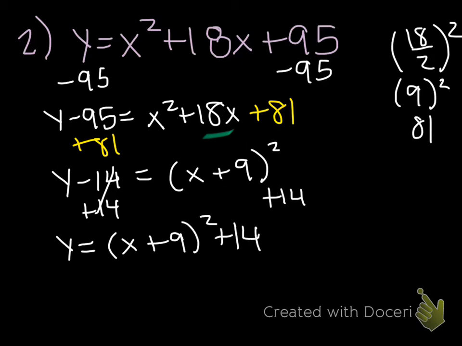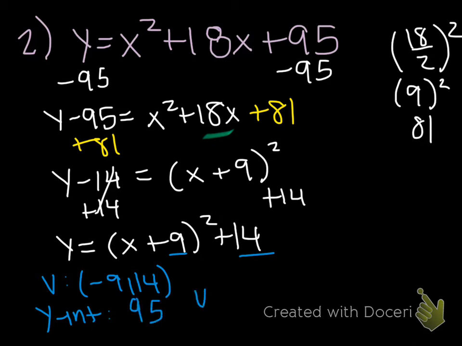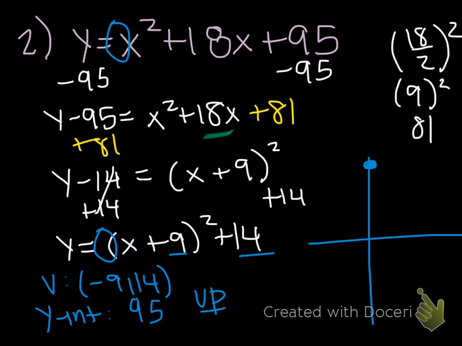So, follow-up question. My vertex is going to be negative 9, 14. So remember, opposite same. Your y-intercept is going to be 95. And this parabola, again, is opening up because your a value is positive in both cases. If I wanted you to make a rough sketch, super rough because these numbers are ginormous, we're going to say my y-intercept is right there up at 95.